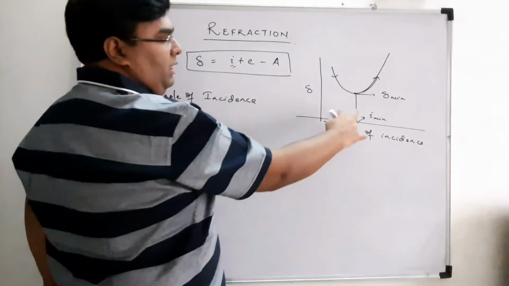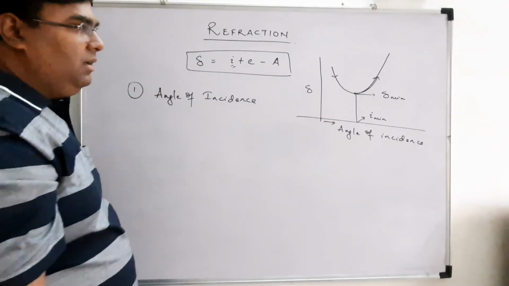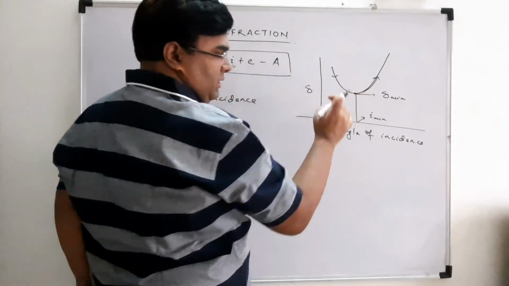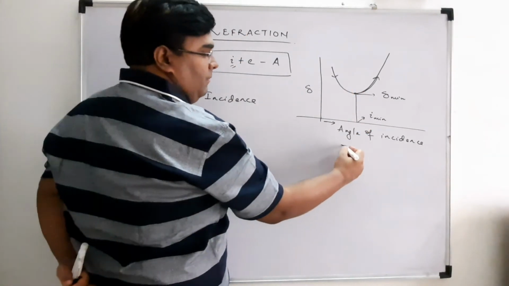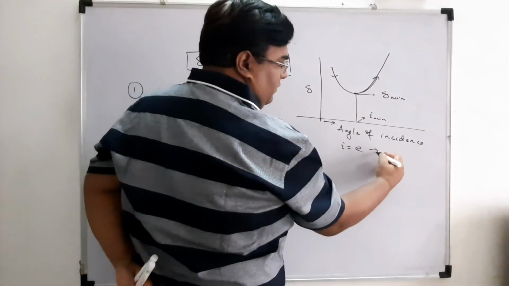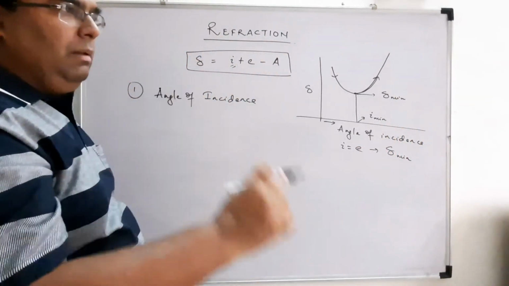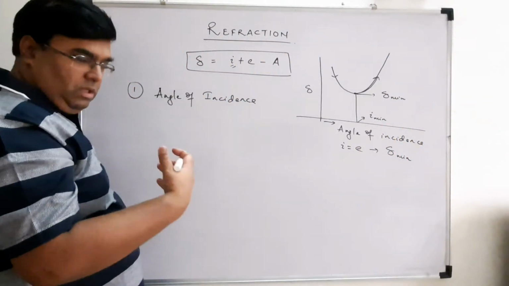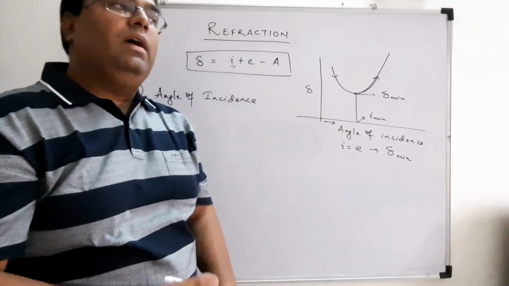So this point is very important for us, and it has been found that whenever minimum deviation is there, my I is equal to E. For delta minimum, we have observed that always angle of incidence is equal to angle of emergence.